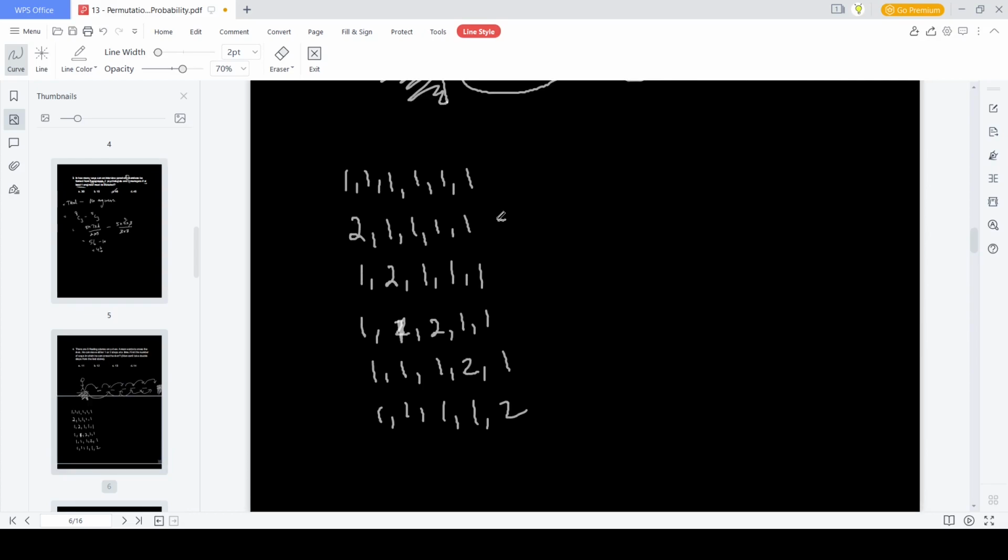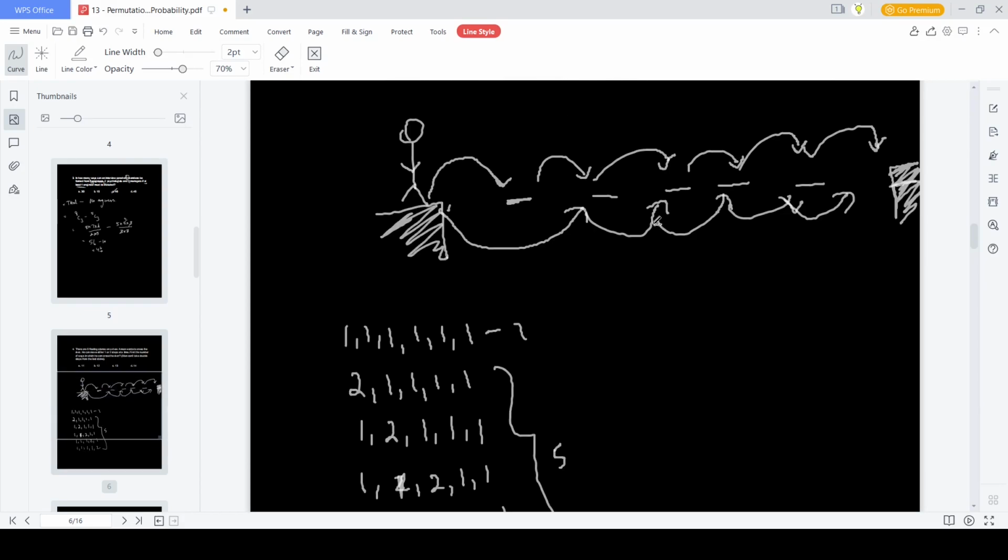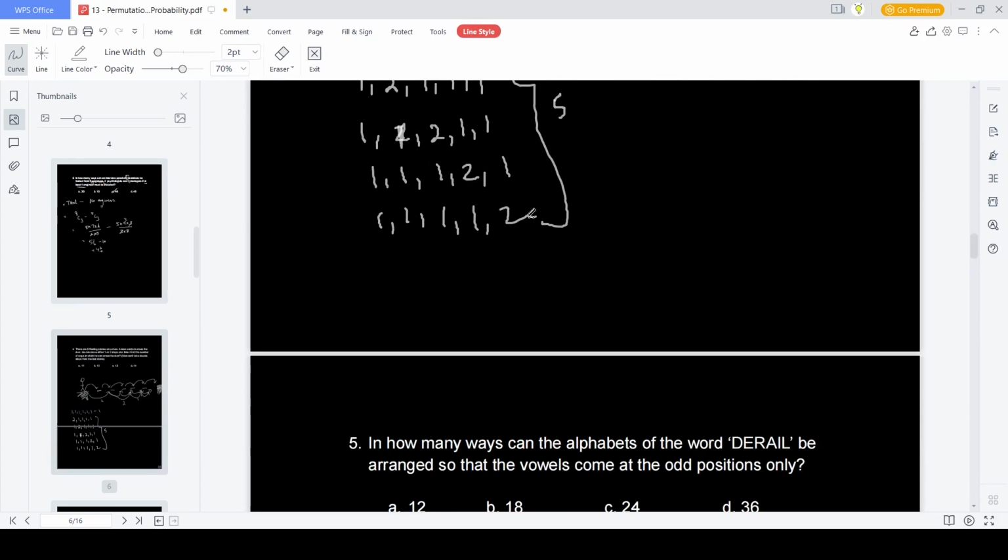There are 5 arrangements for this. There is one arrangement for this. Secondly, he can take a double step and then another double step, and then he can take two 1 steps. So that is another condition: 2, 2, then 1, 1.